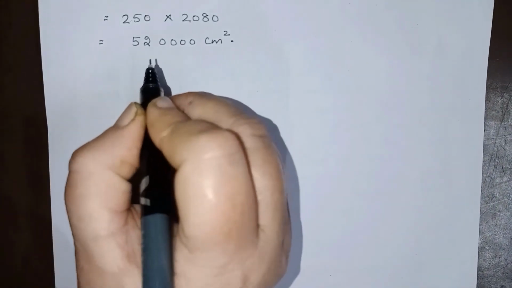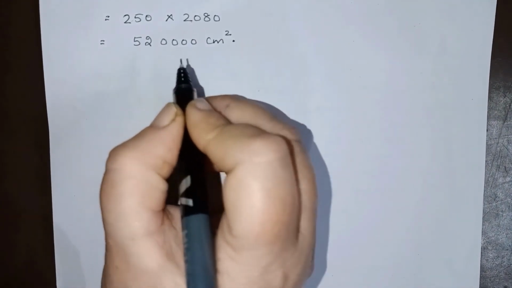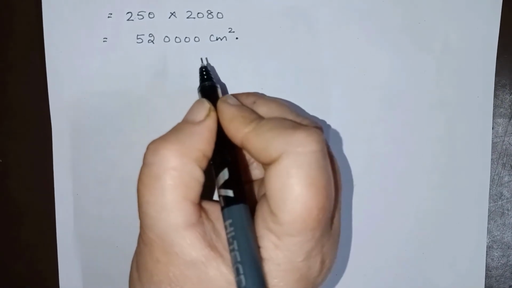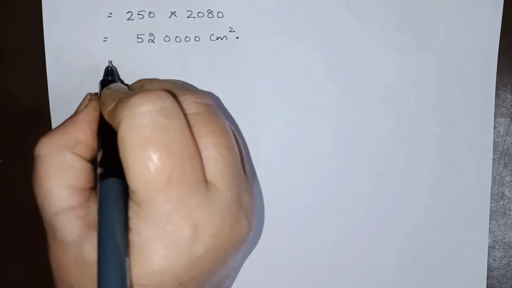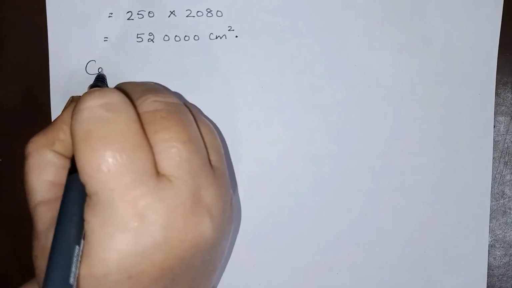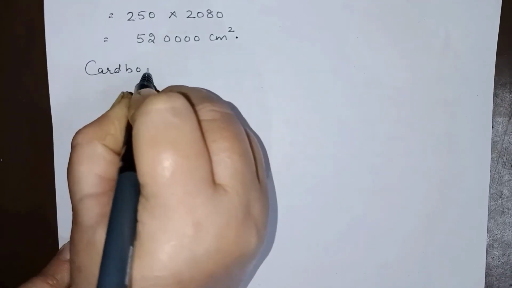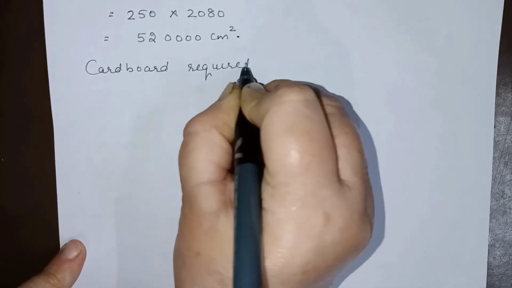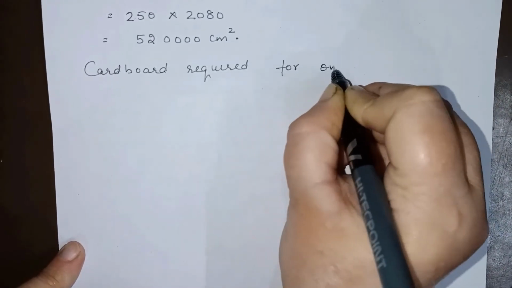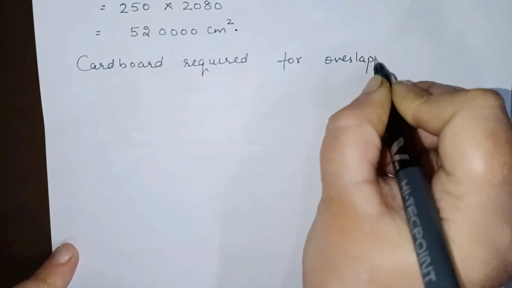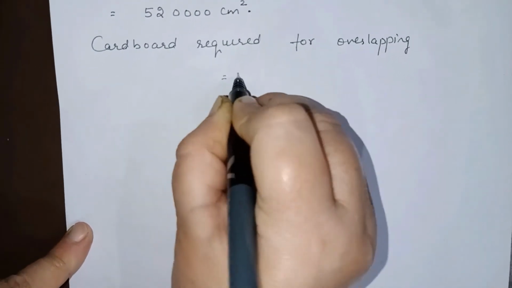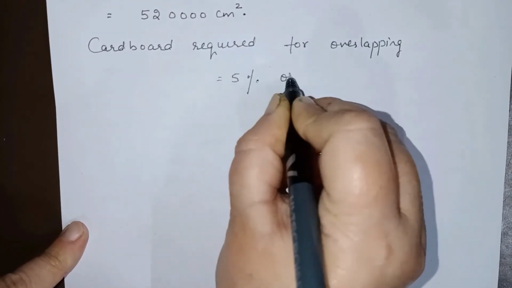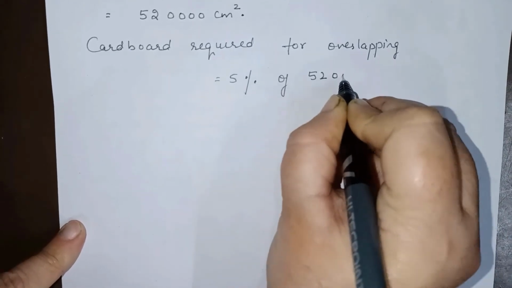Now, 5% is required for overlapping. So for that we will write cardboard required for overlapping. This is equal to 5% of the total surface area.